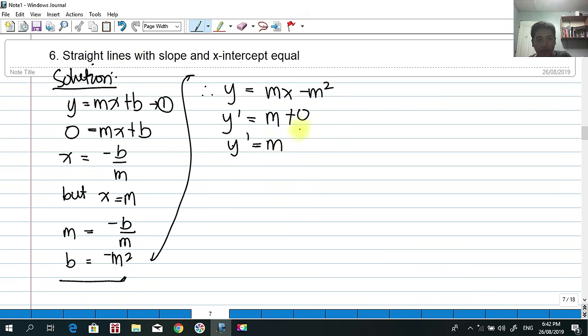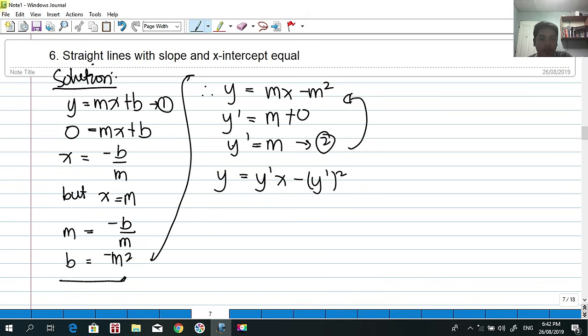Okay, and this m, we're going to substitute with the working equation above, in order for us to eliminate this arbitrary constant. So we have y is equals to y prime x, minus y prime squared. Okay. So this is our differential equation.